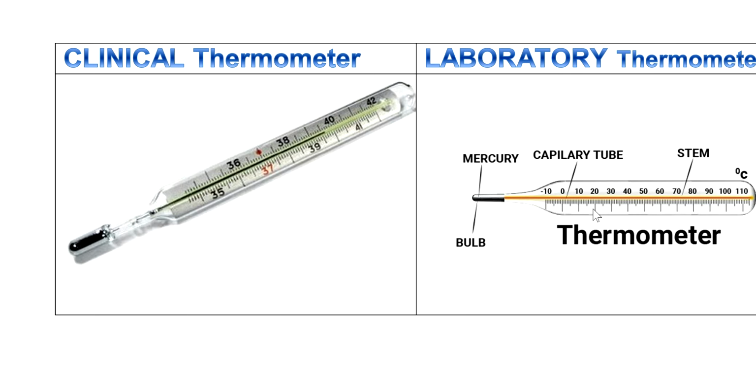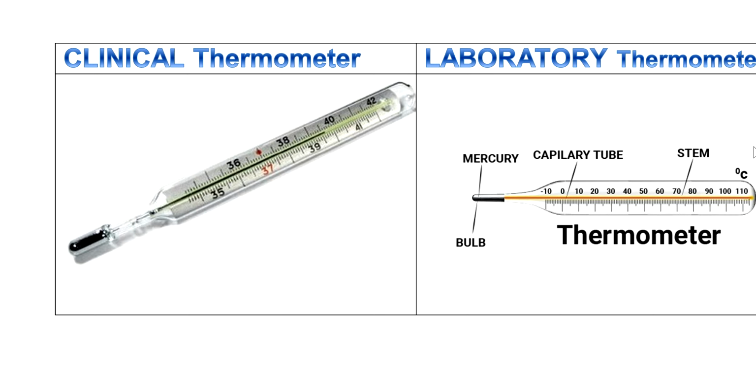Because it has more range, so it will take a lot of time to reach that temperature, and we will measure that time by using a stopwatch. So this thermometer has more range and it is less sensitive to temperature.